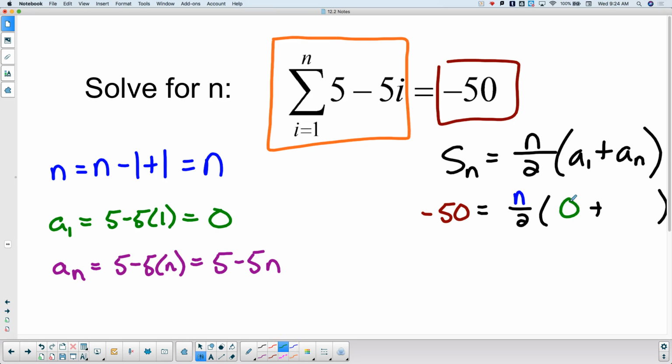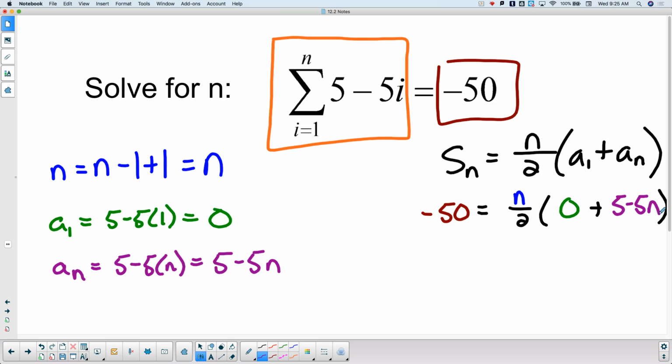This just in: we sometimes in algebra don't use numbers, we use letters. What's the last term? 5 minus 5n. Sorry, try not to laugh, Colin. But I'm not going to lie, that was kind of funny.